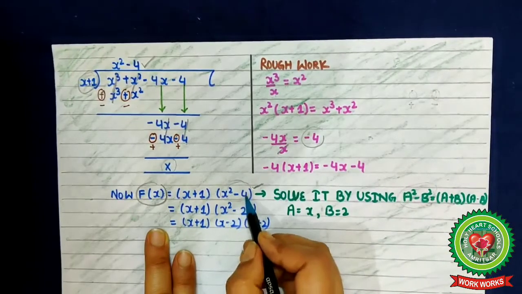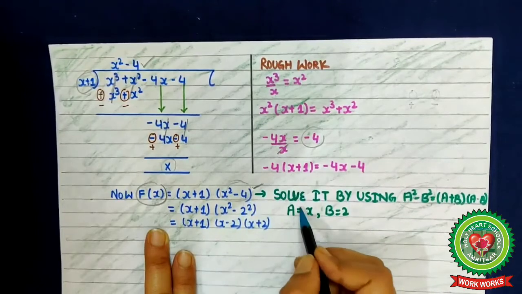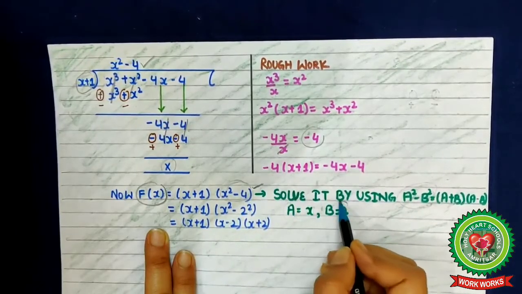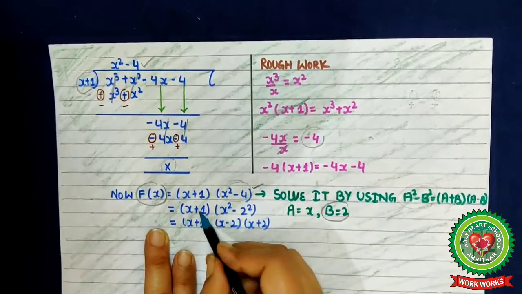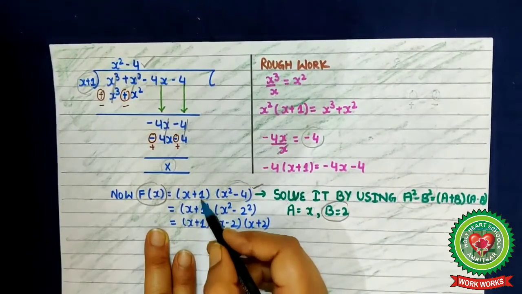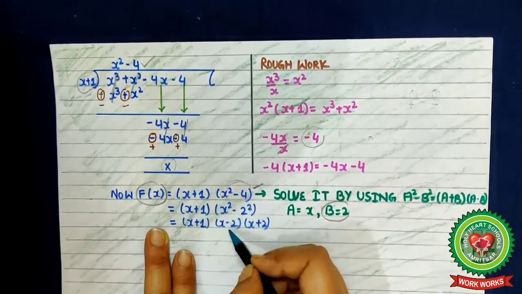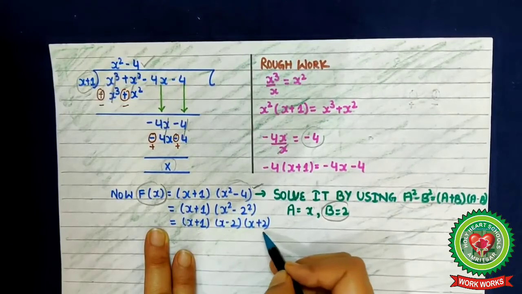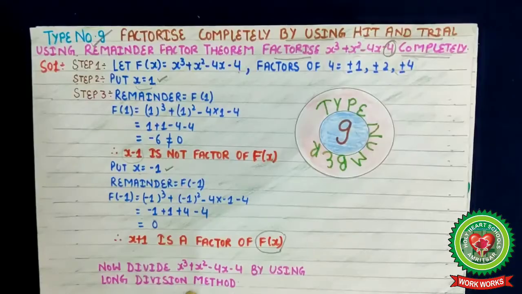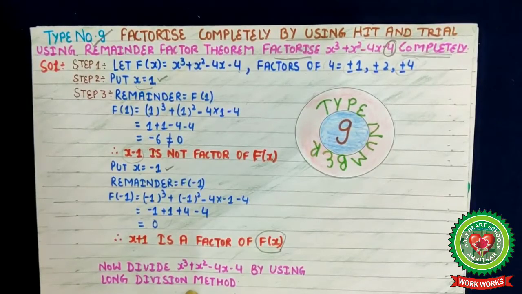Now you can write 4 as 2 square. So what is the value of a? That is x, and what is the value of b? That is 2. So this will give me the factors as (x plus 1)(x minus 2)(x plus 2). So students, this was type number 9. I hope that this type is clear to you.